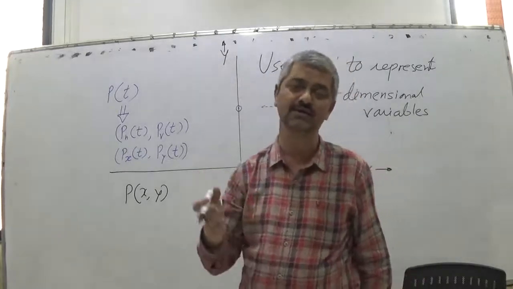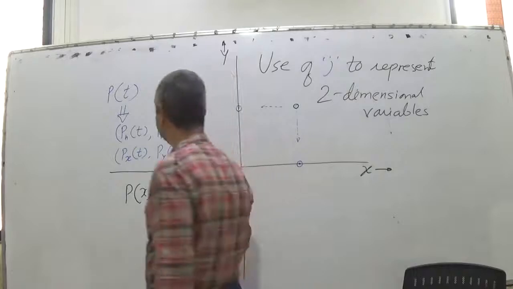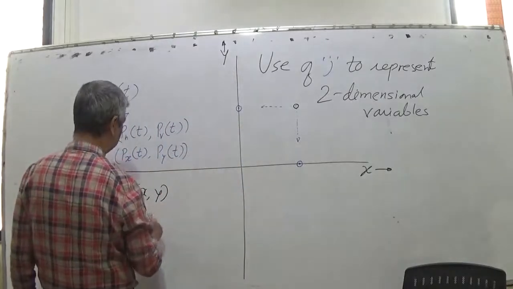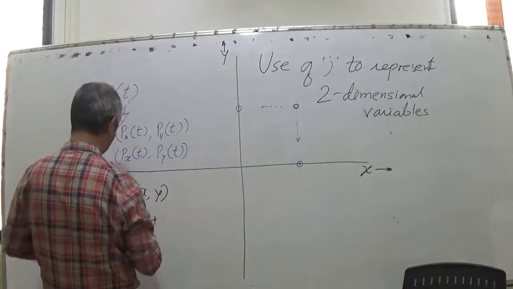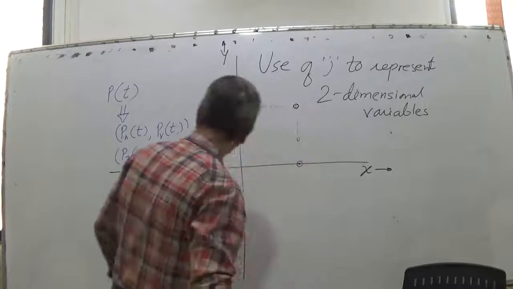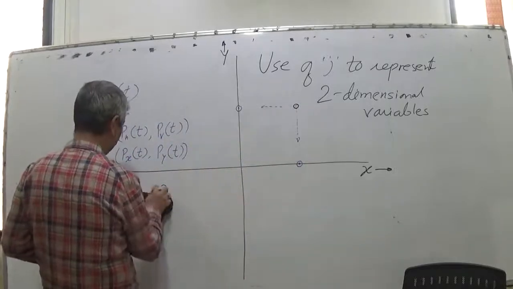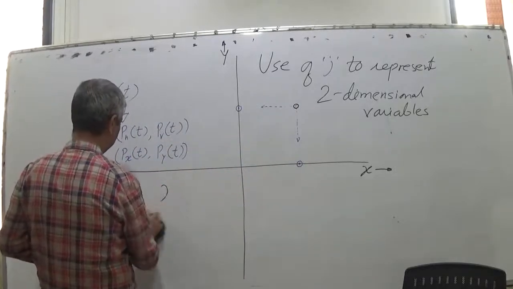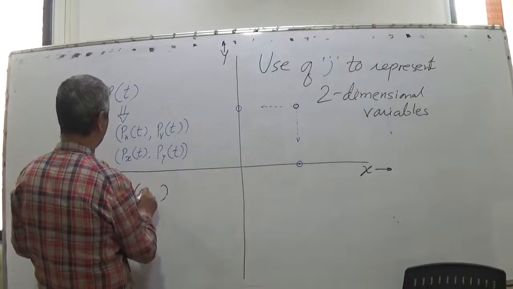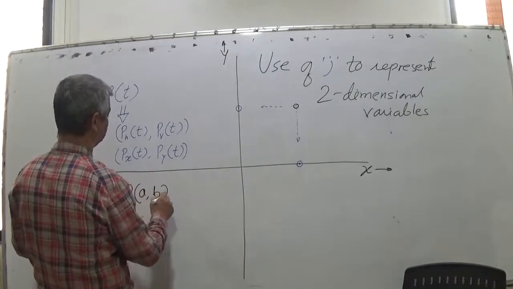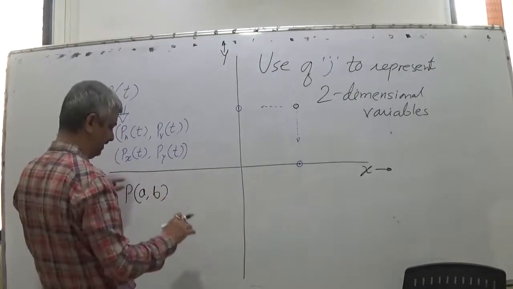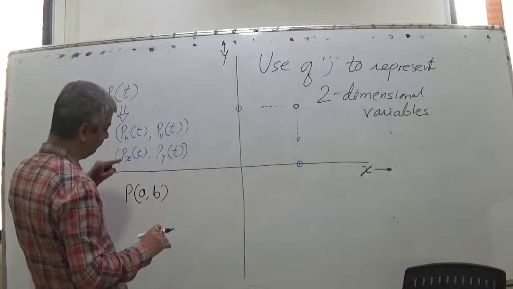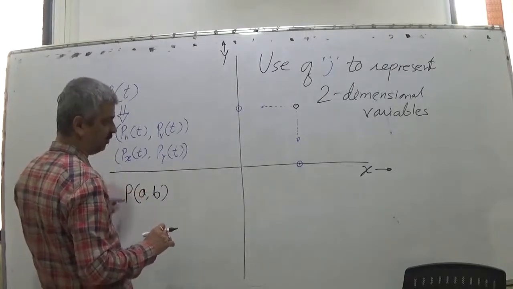To indicate the order of the pair, it is expressed in an alternative way. Let us say (a, b), position (a, b), where a is its x projection, b is its y projection, or x coordinate, y coordinate.